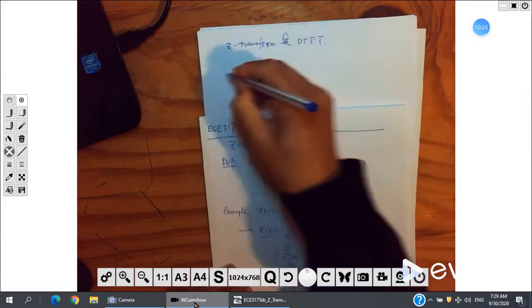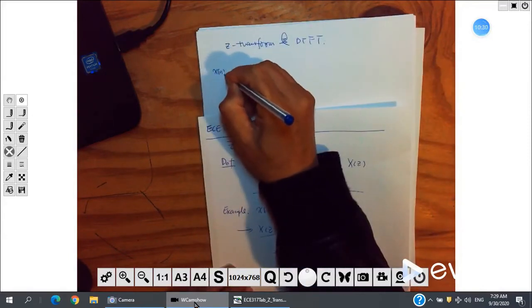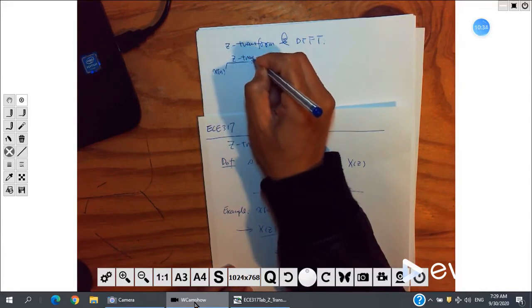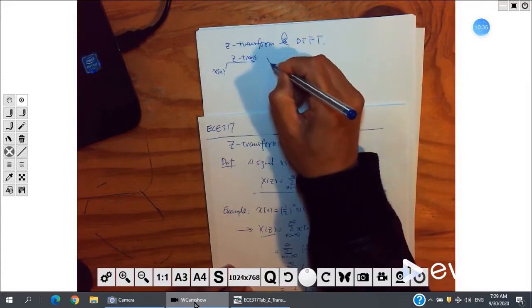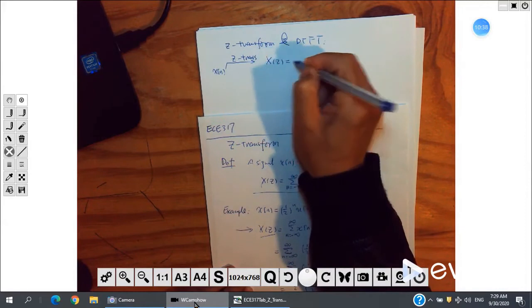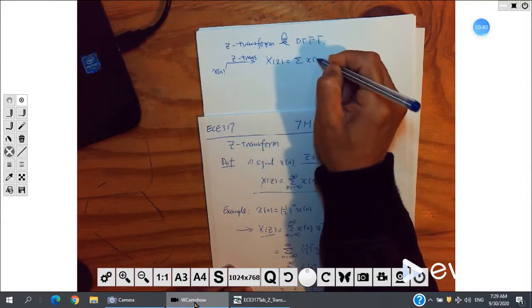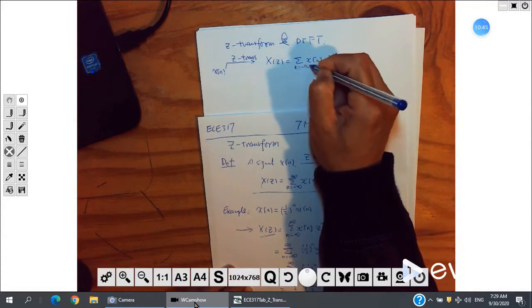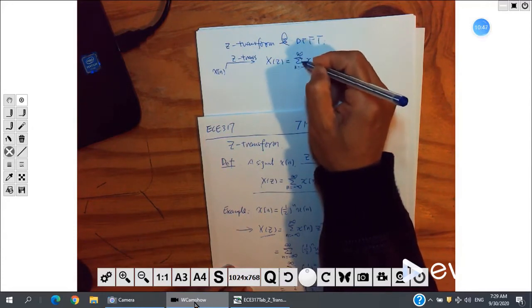So for x of n, if we perform the z transform, we will have capital X of z equal to the summation of x of n z to the negative n, running from negative to positive infinity.